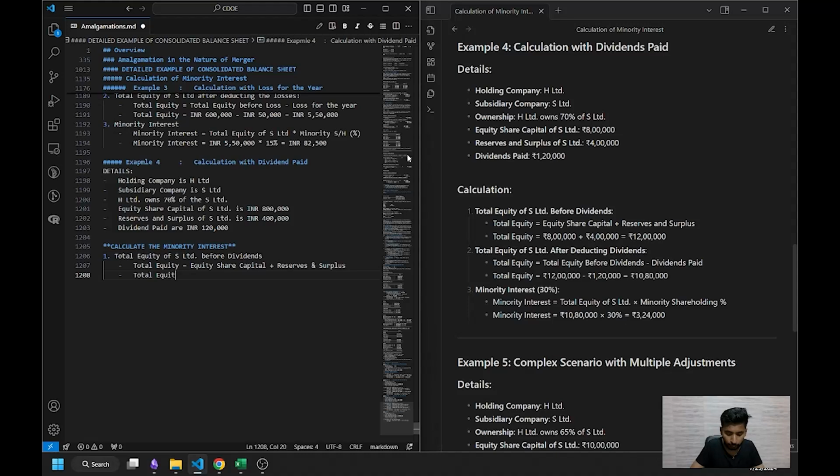Hence, the total equity will be 8 lakhs plus 4 lakhs. That is 12 lakhs.